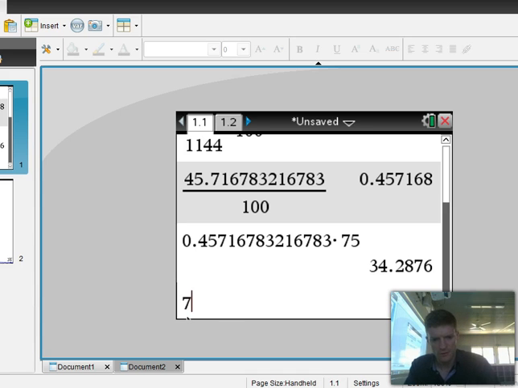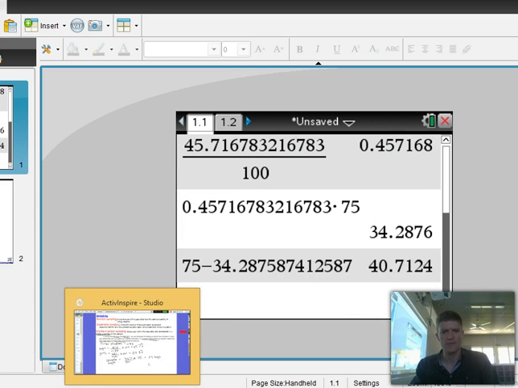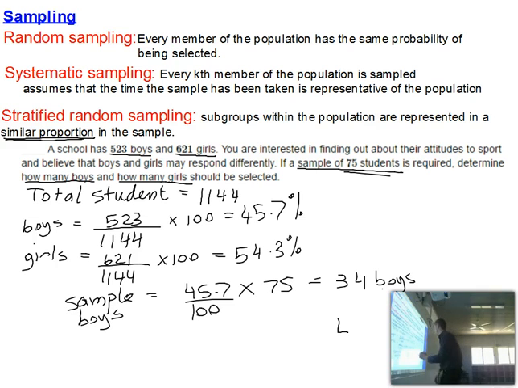So little calculation, there we go, 75 take that amount, and 40.1 or 40.7, so it's about 41. Okay, so that looks at how we have to get the same proportion of boys and girls that are in the population and have them represented in the sample as well. And that's called stratified random sampling.